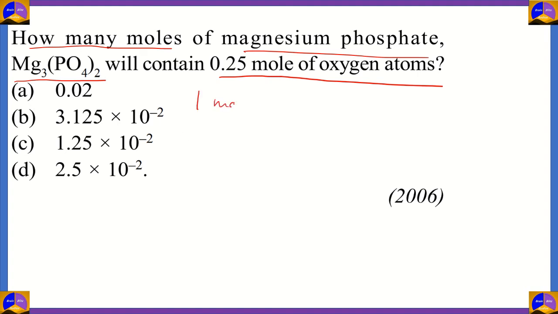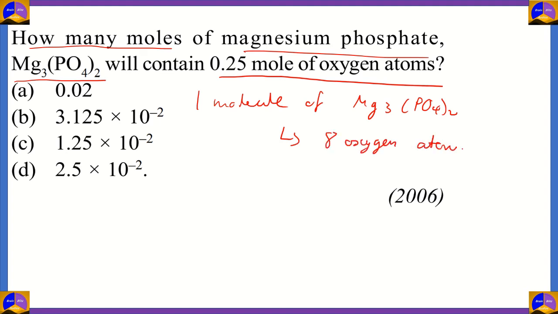So in one molecule of Mg3(PO4)2, you will get 8 oxygen atoms, because in PO4 you have 4 oxygen atoms, and then PO4 is multiplied twice, so 4 times 2 is 8. So you have 8 atoms of oxygen present.